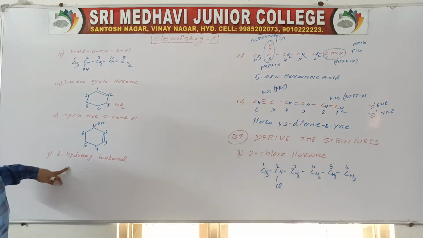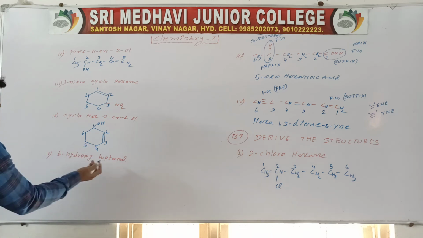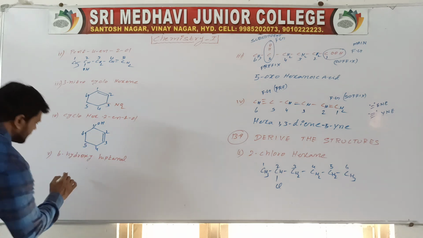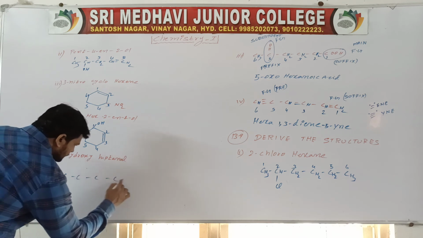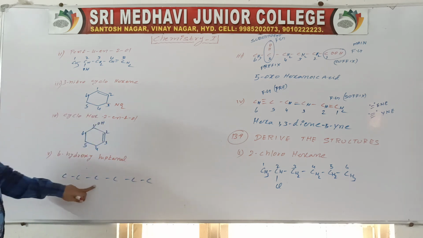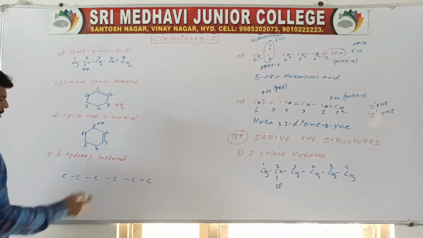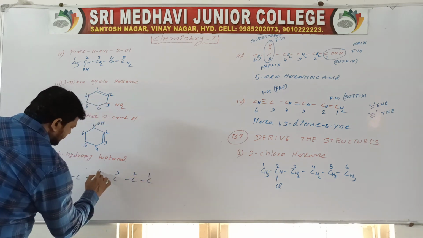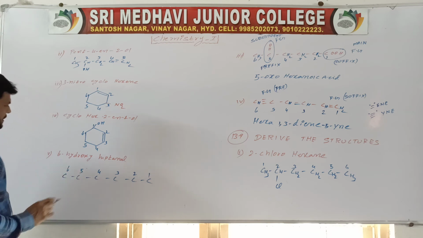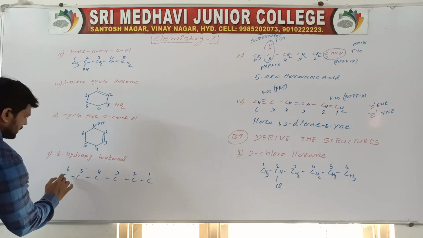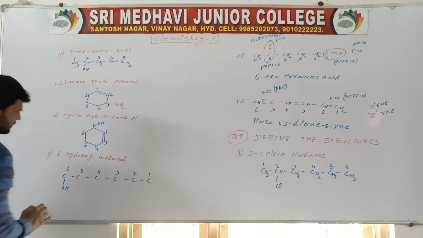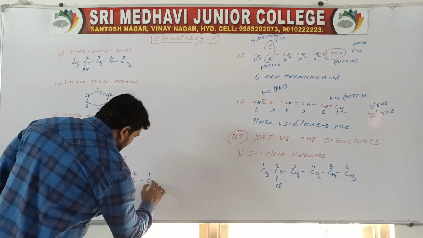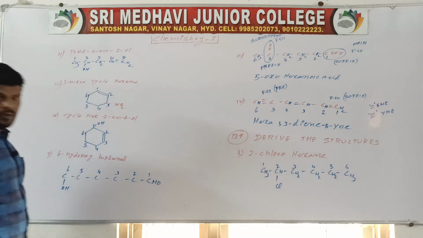Okay, then 6-hydroxyheptanal. Heptane, how many carbons? 6 carbons, numbered 1 2 3 4 5 6. 6-hydroxy, OH on carbon 6, heptanal. So it is the first one, CHO.